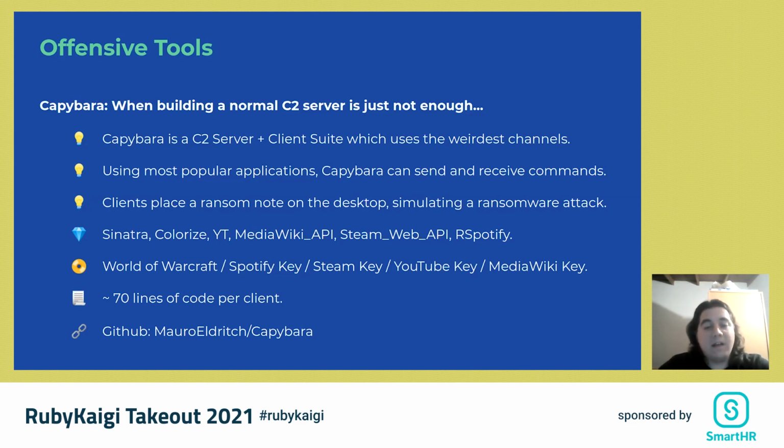In case you don't know what a C2 server is, it's a command and control server. It's a server which is tasked with sending and receiving malicious commands from malware. So when a malware compromises a host, it will try to connect to a C2 server to receive the most updated, the latest orders that it has.